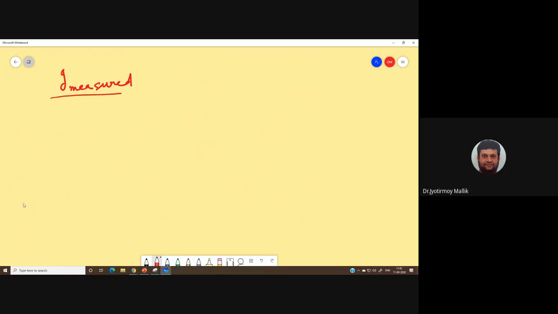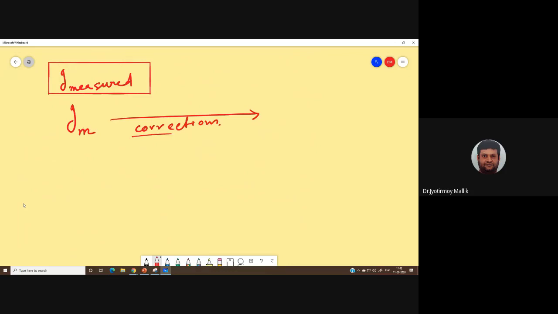Now this g measured, or simply GM, goes through certain corrections, and we will see them from the next class, like latitude correction.